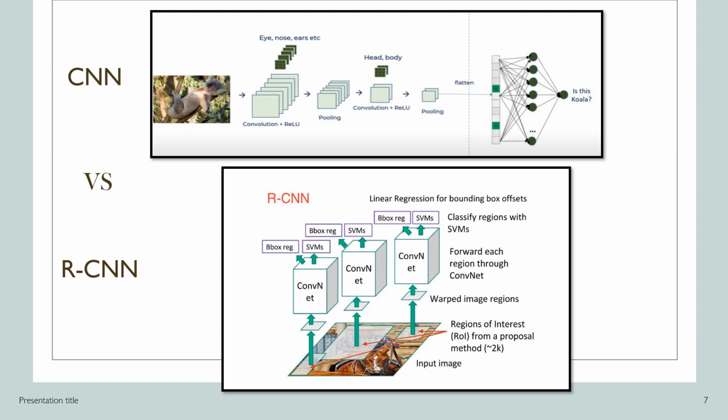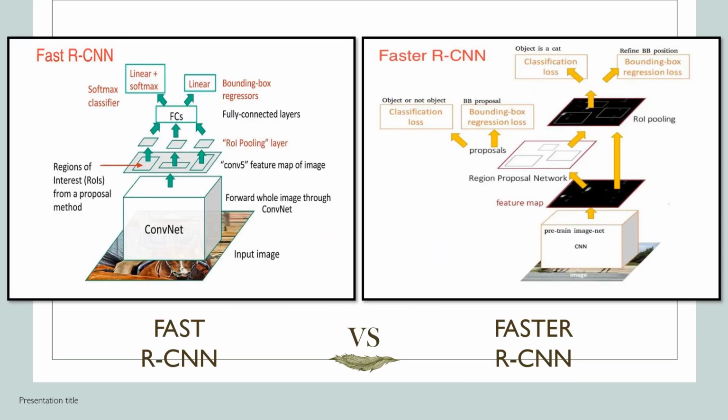Then it passes to a pre-trained CNN model. Then the output passes to an SVM for classification, and lastly the regression between the bounding boxes and the ground truth is computed.